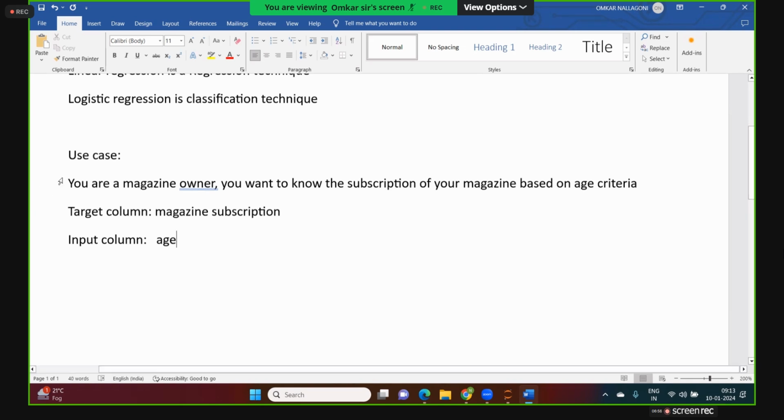Understood the question, right? You're a magazine owner, you want to know the subscription of your magazine based on the age criteria. So target column is equal to magazine subscription and input column is equal to age.